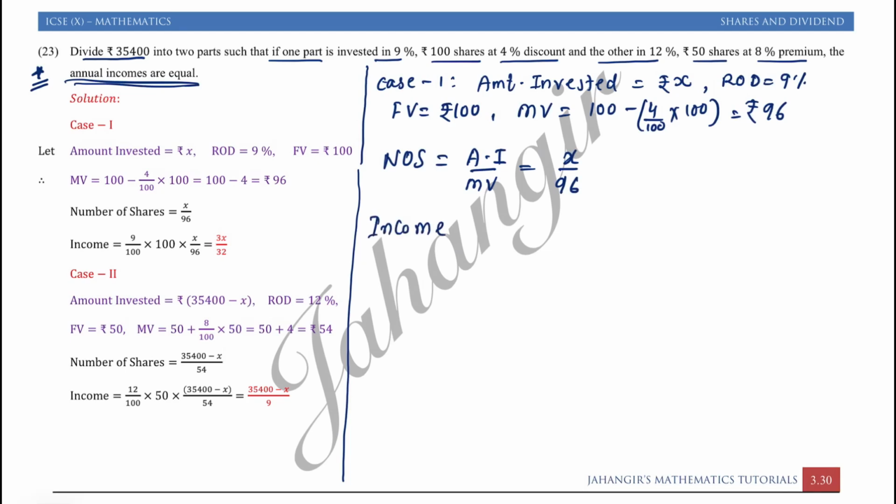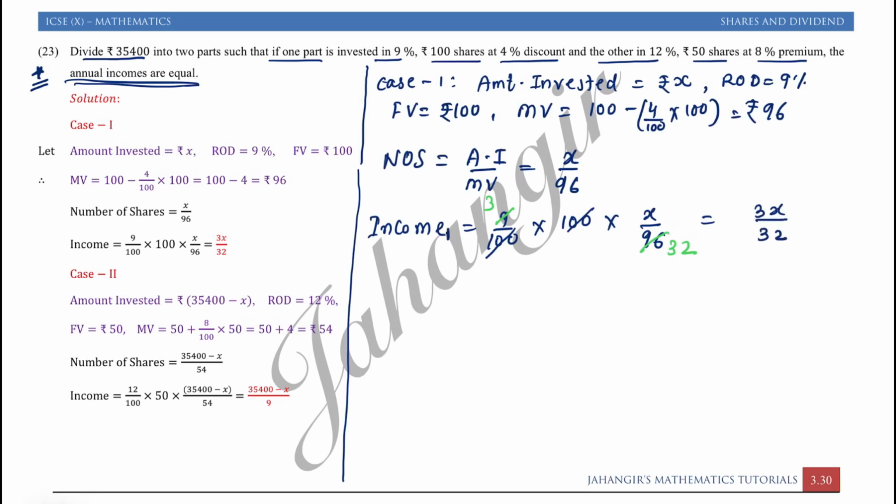The income formula we know: ROD, that is 9% upon 100 into face value 100 into X upon 96, that is the number of shares. 100 cancel. 3 3s are 9, 3 32s are 96. So here you will get 3x upon 32 as income 1.